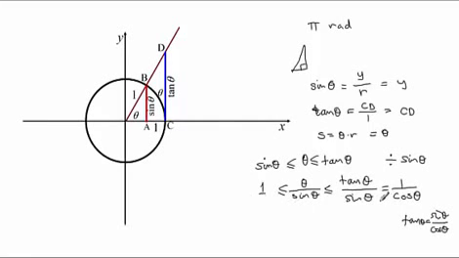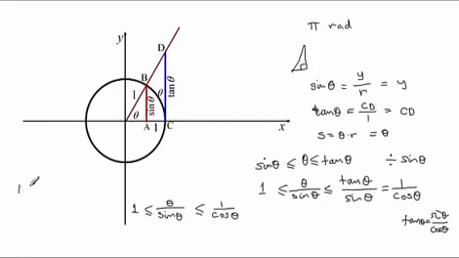So now we can fix our attention on this inequality: 1 less than or equal to theta over sine theta, less than or equal to 1 over cosine theta. Now, at this stage, before we introduce the limit, I would like to call your attention to the following.